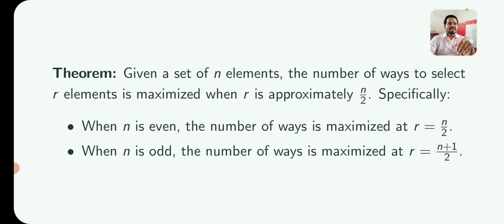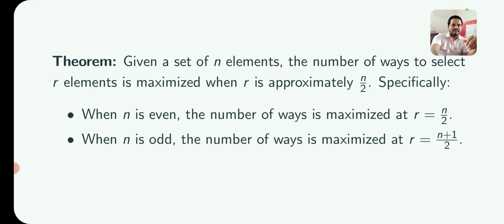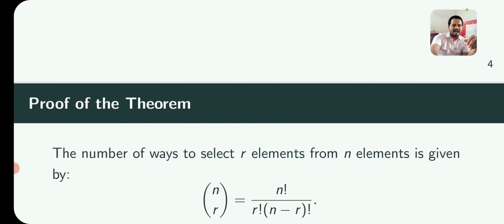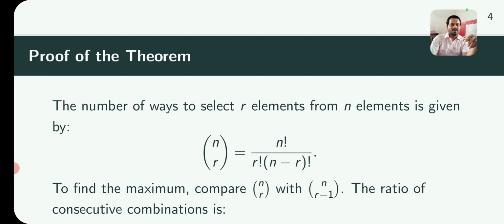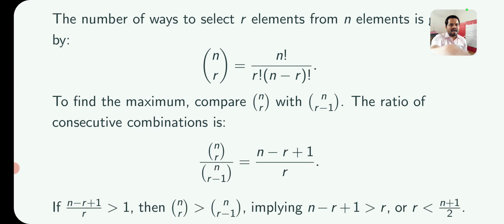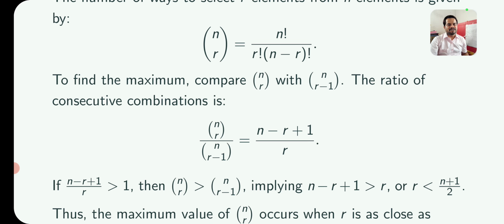So the number of ways to select R elements from n elements, we know by the combination formula, is nCR, and it is n factorial upon R factorial into (n minus R) factorial. To find the maximum, we have to compare nCR and nC(R minus 1). This ratio, nCR divided by nC(R minus 1), is equal to (n minus R plus 1) by R.